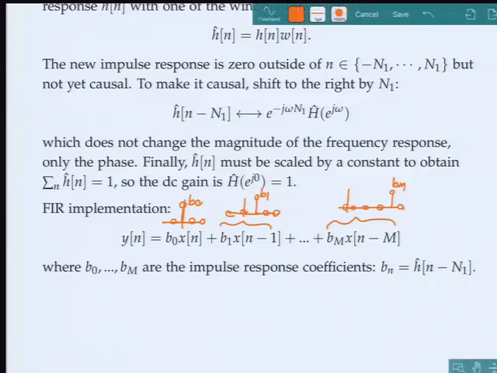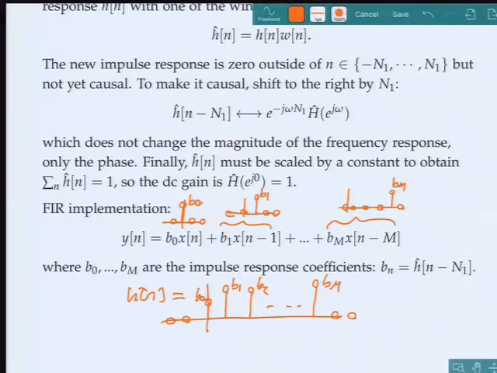So if I add them up, I get h of n, which is the response to deltas. That looks like B0, B1, B2, Bm, and it stops there. Okay? So those coefficients that you see in an FIR filter expressed as a difference equation really are the impulse response coefficients. That's why FIR filters are so nice, because everything is so easy.